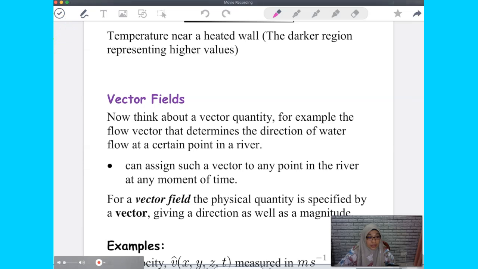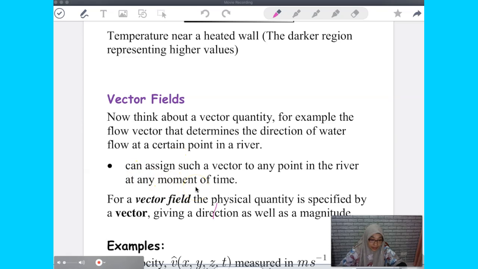The vector field has something extra: we know that a vector field can have the magnitude and also the direction. Again, a vector is just one vector for some specific x, y, z and specific t. But if you have very many vectors for different t, it is called a vector field.